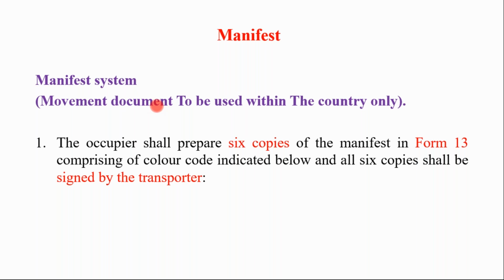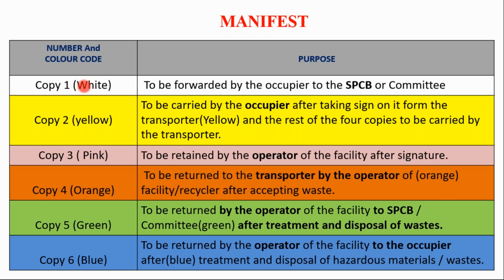So this is the manifest system, which clearly mentions the number of the manifest and the color code of the manifest. For example, this is 1. This is manifest copy number 1 and the color is white. If the document is white, it clearly shows what the purpose of that white document is.